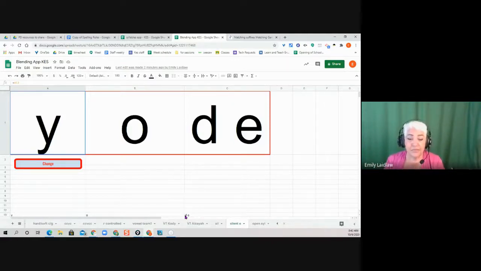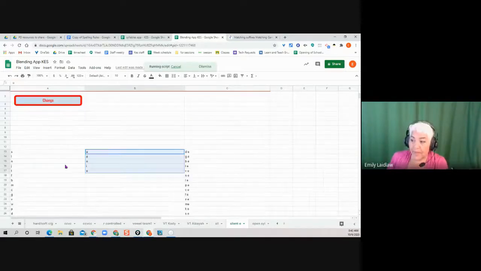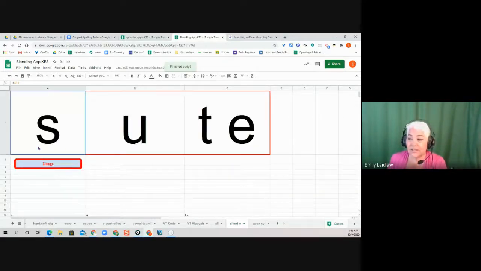Some kids have to be explicitly taught that. And so let's teach them. So like E makes the O say O, this is yod. And E makes the U say use, so this is suit. Whatever, as we go through these. So by working in these syllables that may be meaningless at this point, it allows them to have that skill when they come to words that they haven't been taught.